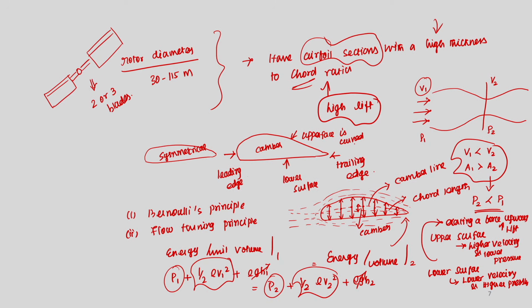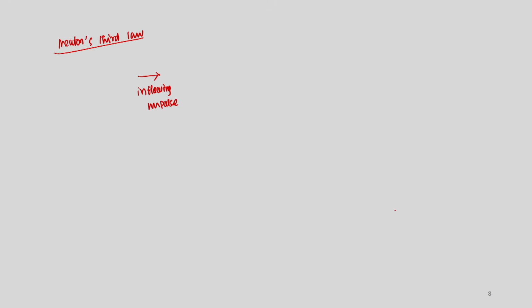When it sees the stagnation point, some of the air travels over the upper surface and part of it goes downwards. This is the inflowing impulse, and with an airfoil section like this, there is an outflowing impulse, and the resulting force acts in this direction.